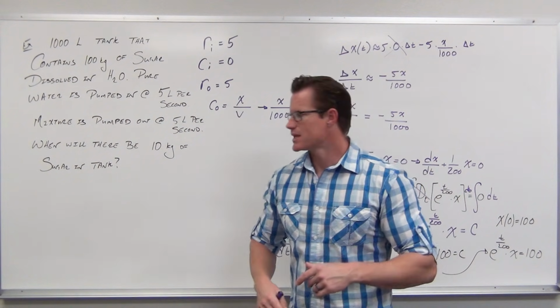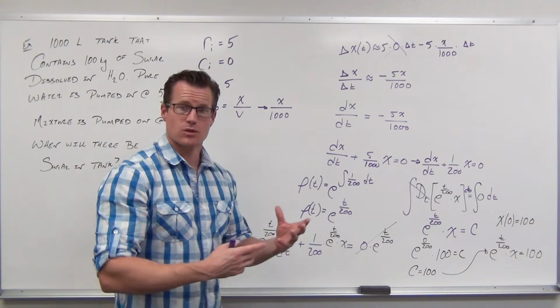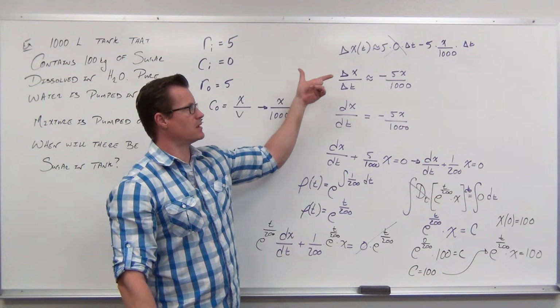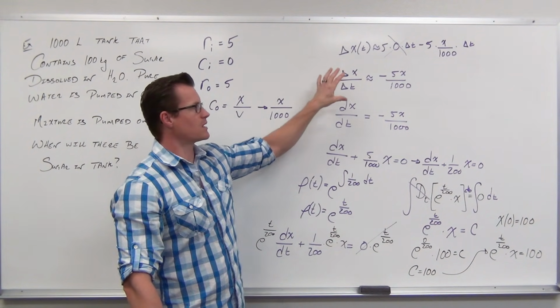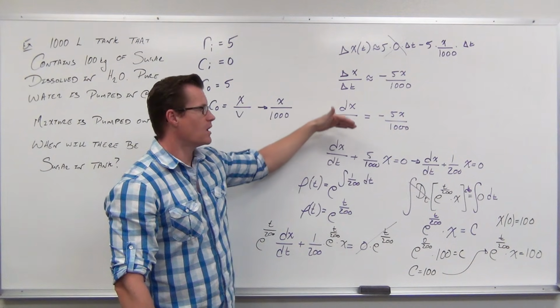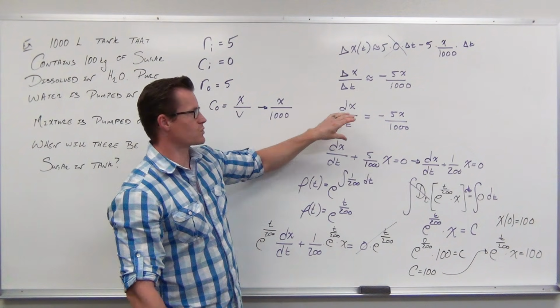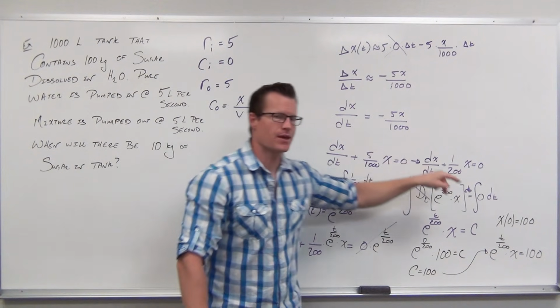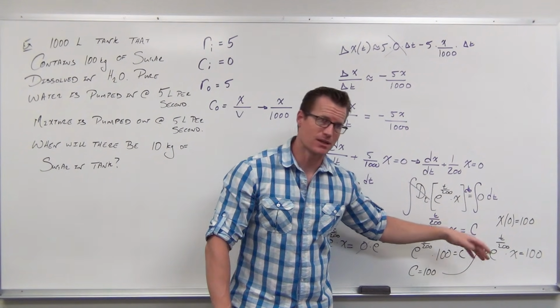The way we're structuring this is, let's think about how that solution is changing. Well, that's solution in minus solution out. Gives us a nice differential equation. We solve the differential equation, which represents how the solution is changing, and find out the amount of the solution at a given time.